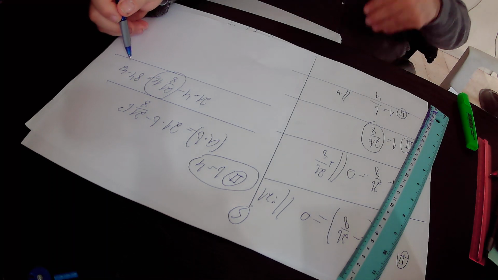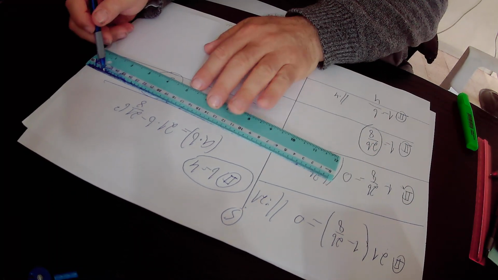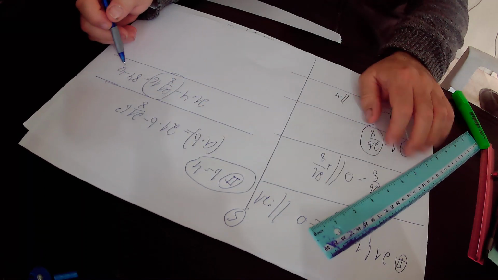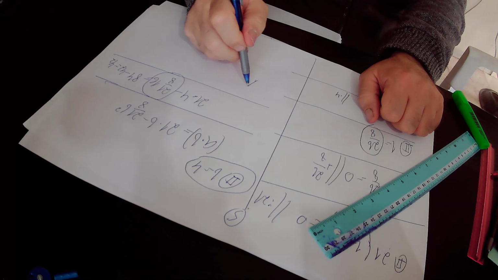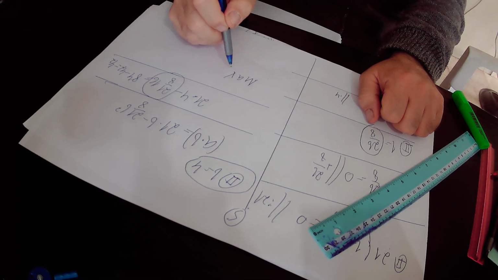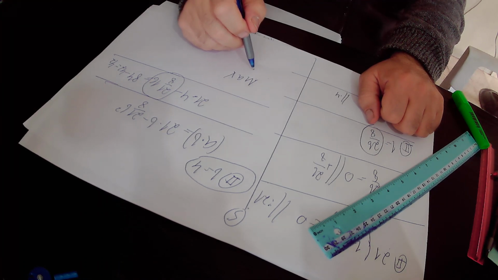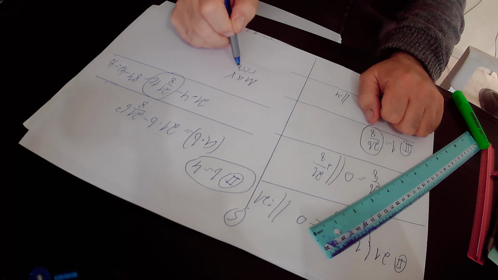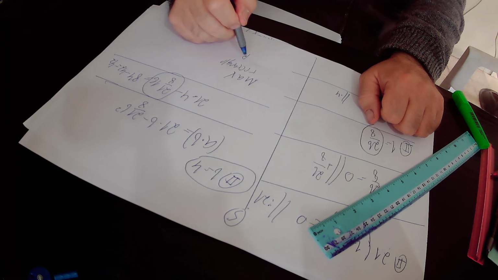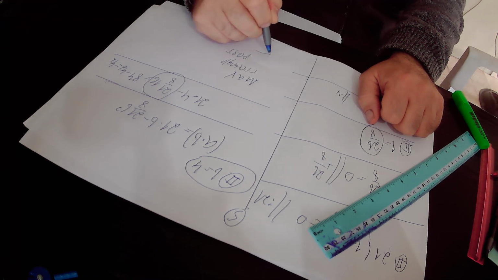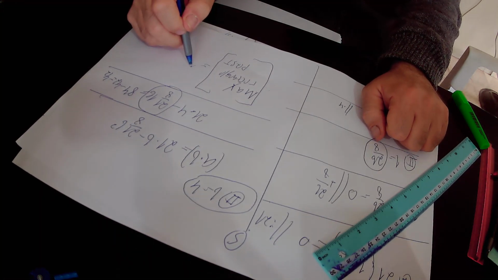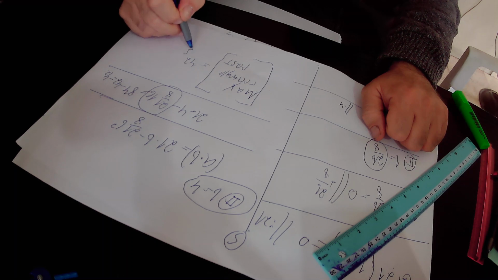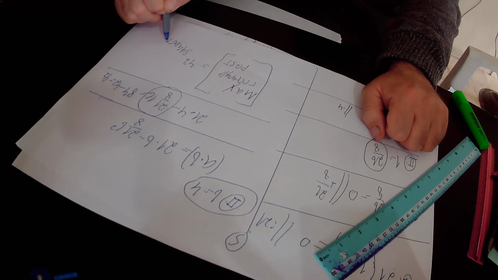So the maximum area of rectangle PQST equals 84 minus 42, that is 42. So the maximum area of rectangle PQST equals 42 square units, and that is the answer to the question.